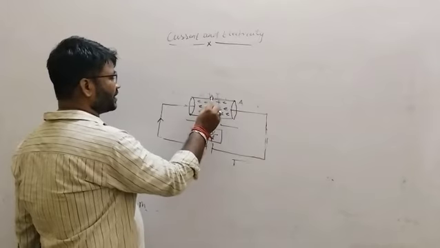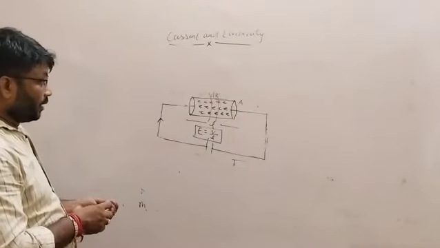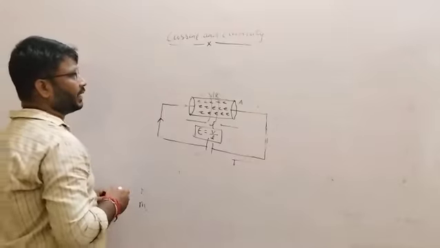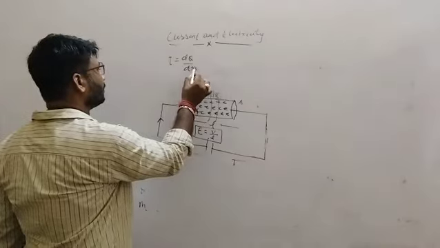If we consider a small length dx, the charge in that segment, we know the current, the instantaneous current, is dq by dt.